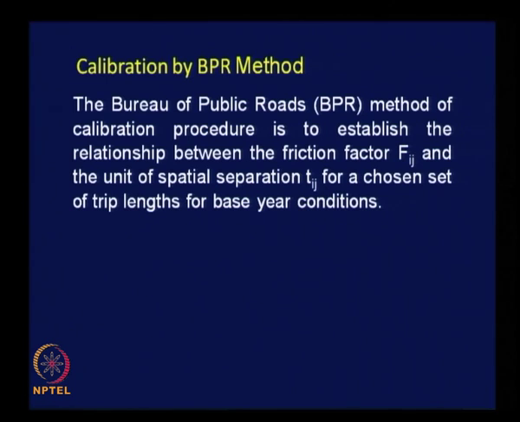That is how you need to understand the chosen set of trip lengths. The corresponding travel times would be, say, 3 minutes, 3 to 6 minutes, 6 to 10 minutes, 10 to 20, 20 to 30 and so on, right.